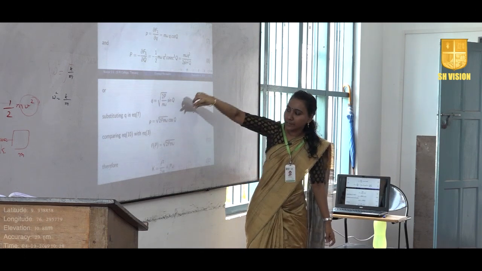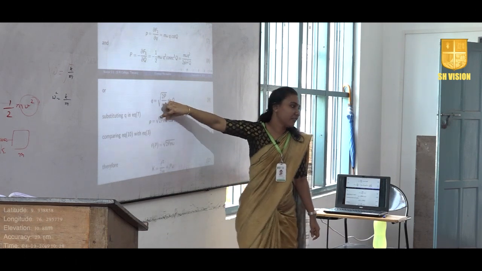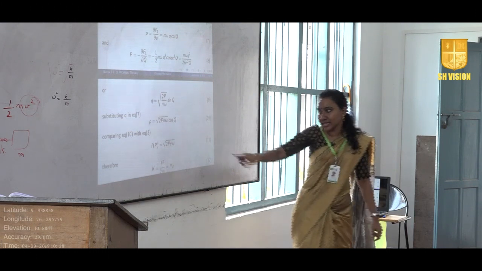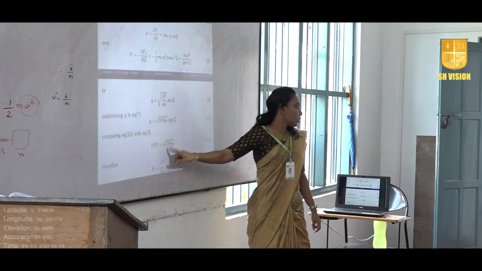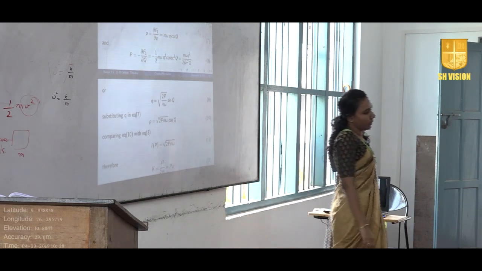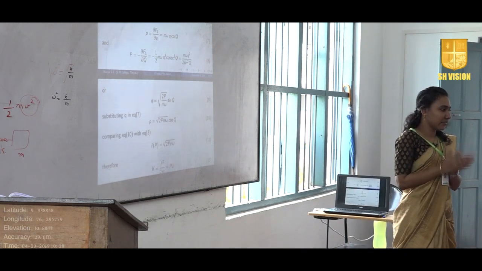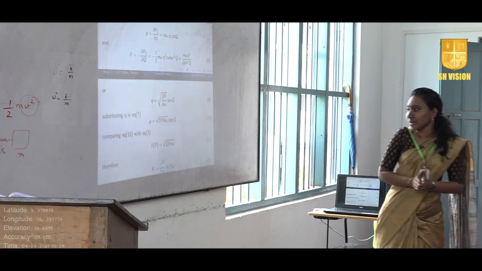So the other part represents the function of P, and that is equal to root of 2P by m omega. So you are getting this function f(P) in terms of capital P.